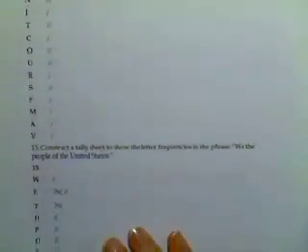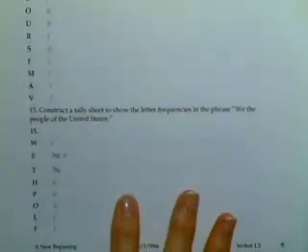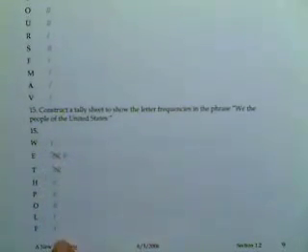So if I had the phrase, "We the people of the United States," then this would be an example of the tally marks. Now, you might not be able to see this clearly, but what I do want you to see is the overall shape.